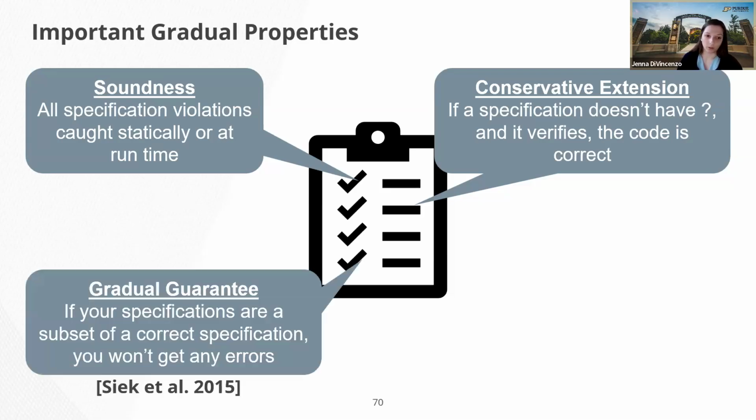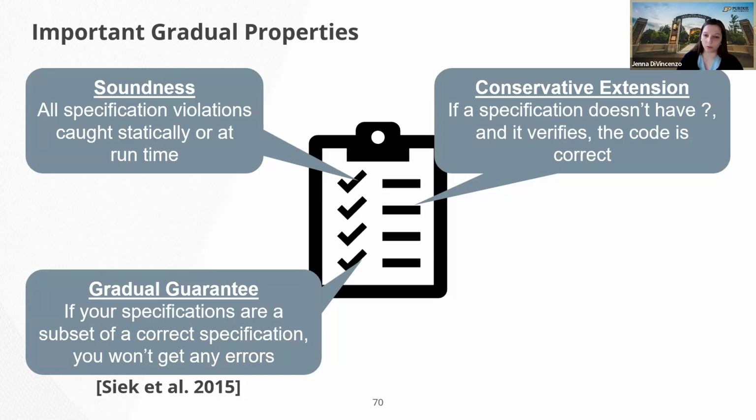And then we also have what's called the gradual guarantee. If you have a subset of a correct specification, so you're missing specifications and you have a question mark, but the specifications you do write are correct, you won't get any errors. And that's really important, specifically for the fact that if you're missing specifications, we don't want static verification to fail unless the specifications you do write are inconsistent with your code.